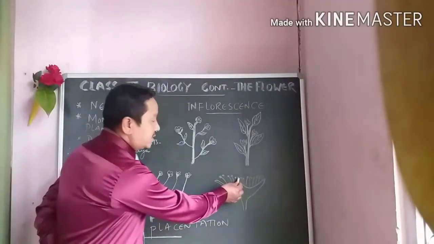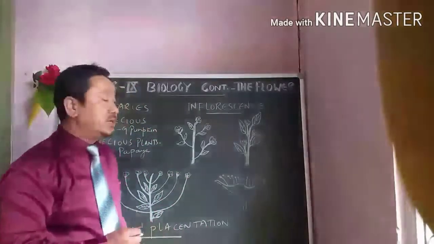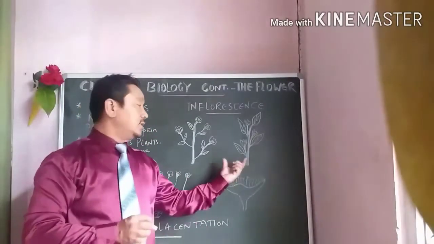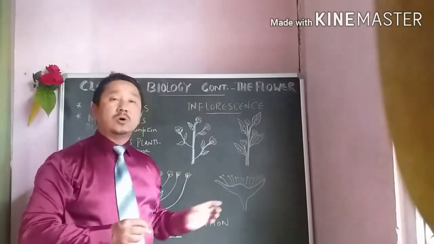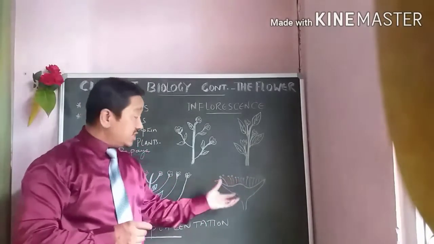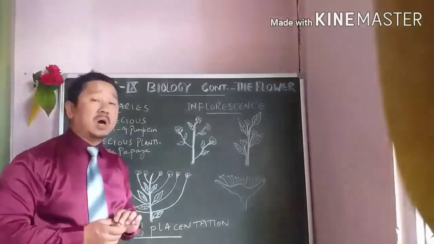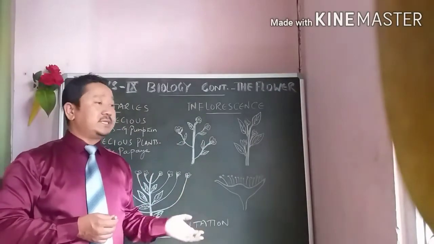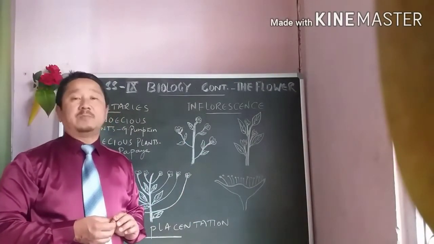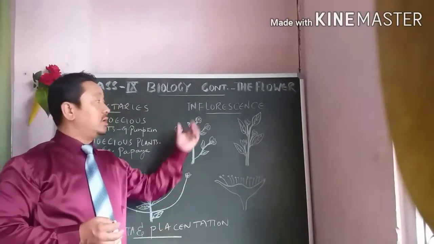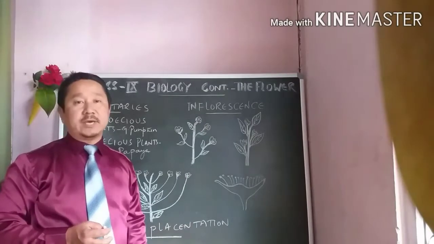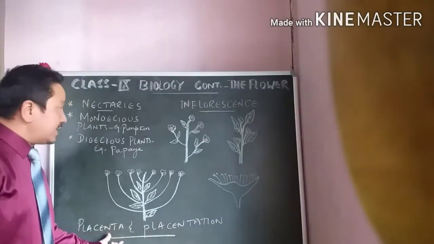The flowers grown at the center are the youngest ones, and the flowers growing at the periphery are the oldest ones. So this is how the flowers are arranged differently on the edges of a plant, and such arrangement is called inflorescence.